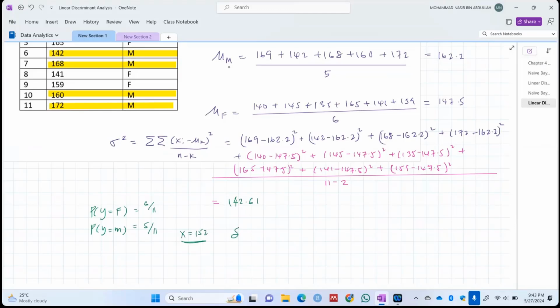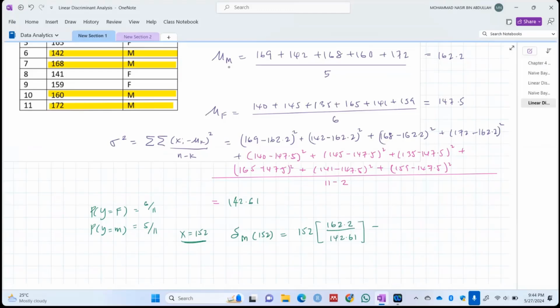So this is delta M, so 152 multiplied with the mean of male 162.2 divided by the variance, which is 142.61. So this is based on your value, okay?